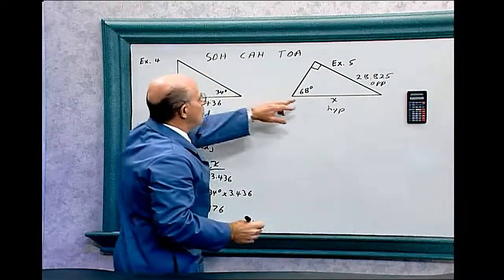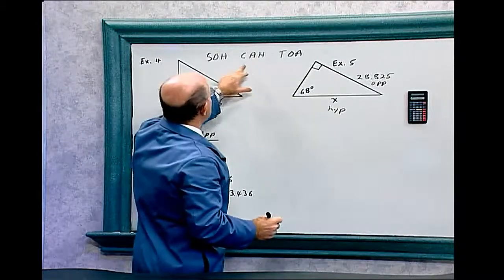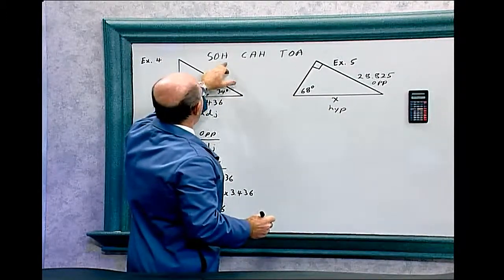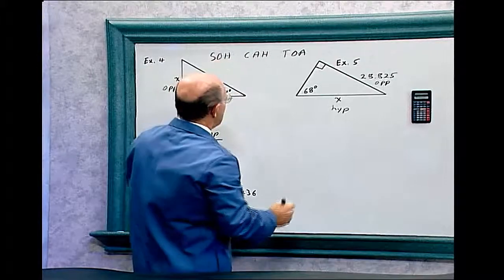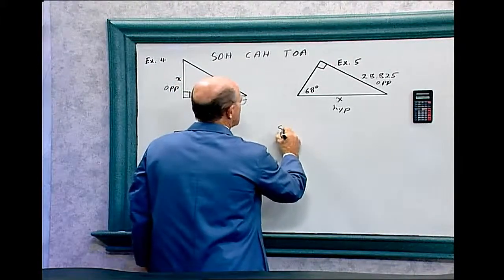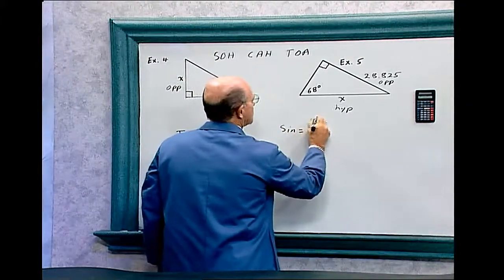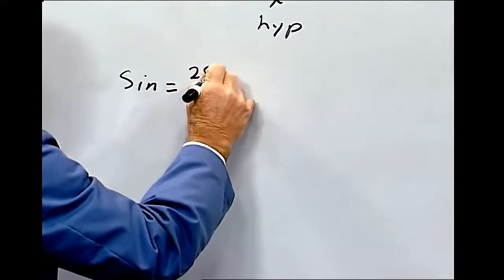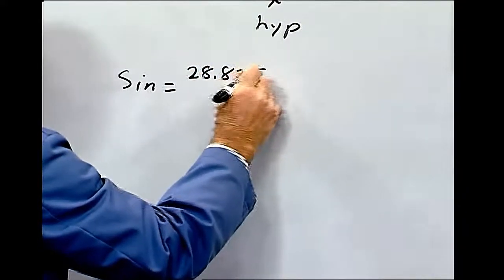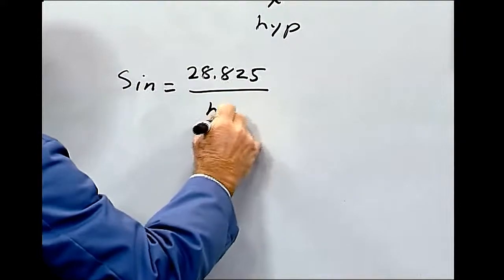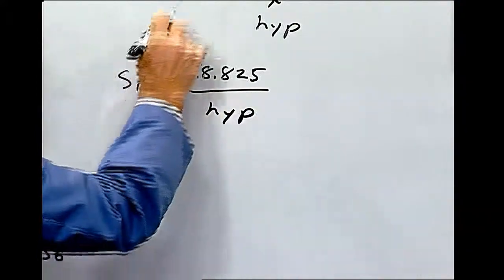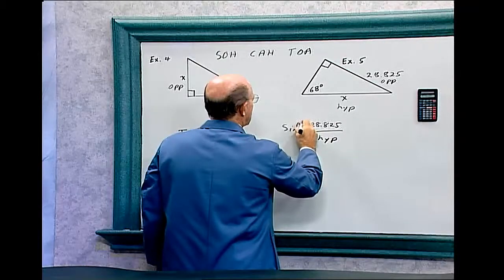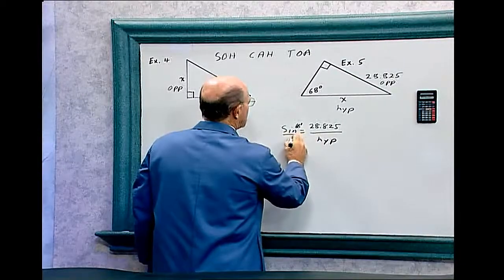Again, where do we have opposite and hypotenuse? It's SOH. So sine equals opposite, 28.825, divided by hypotenuse. And this would be sine of 68. Let's put 68 in here. Let's just cross multiply.